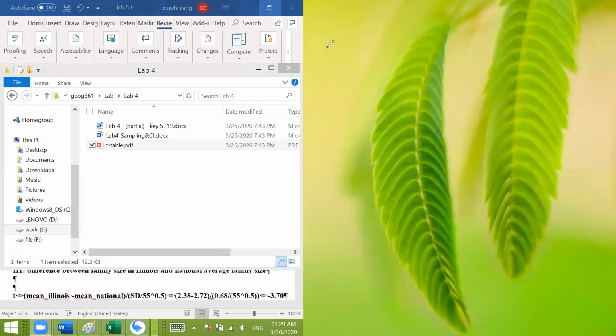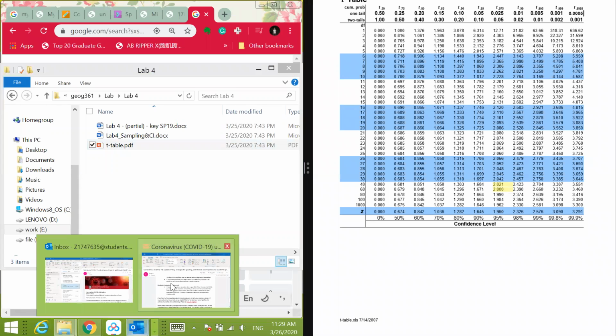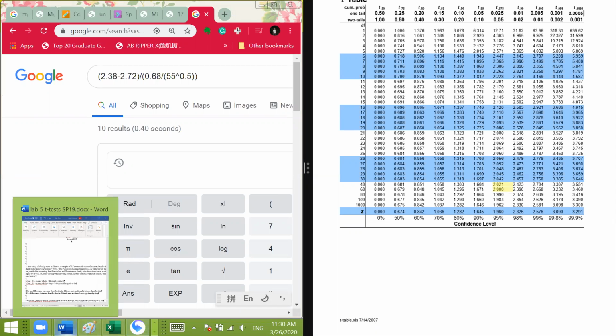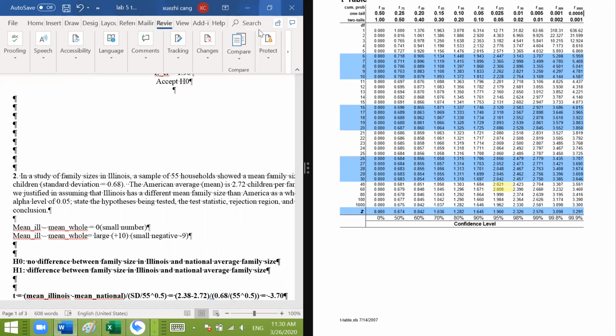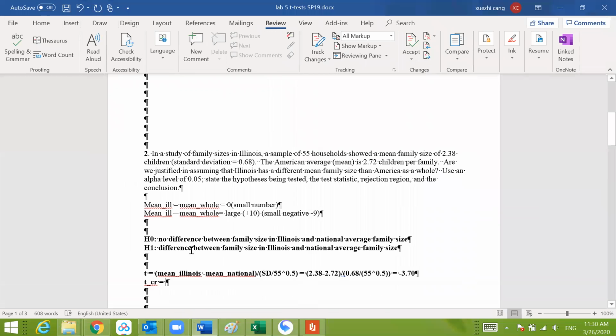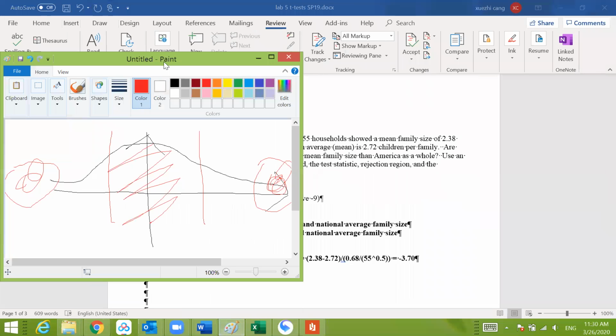Okay, our t critical value is 2.0. Then we go back to the graph we drew.